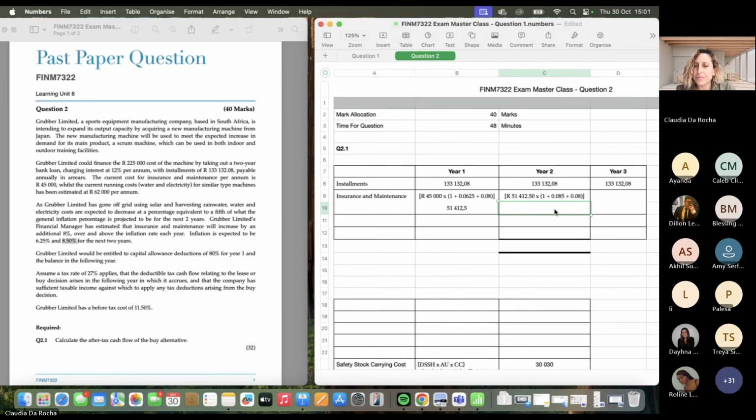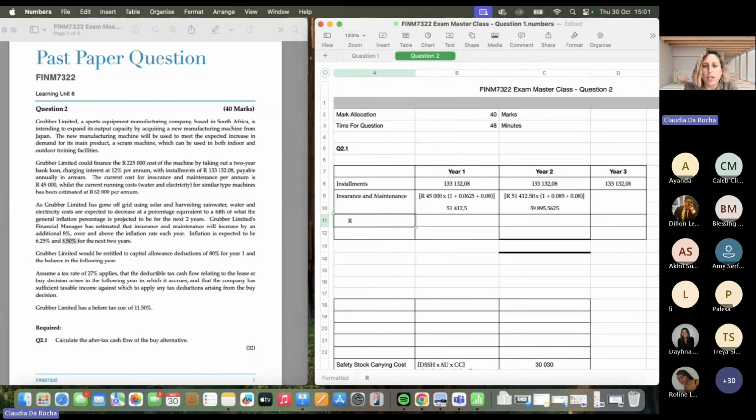So if we calculate it, multiplying gives us 59,895. And in year 3, there's no cash flow. Then we're going to move on to the next one.